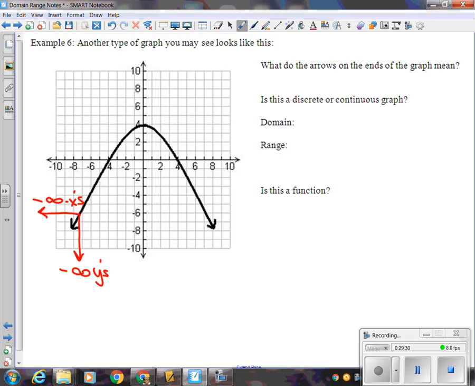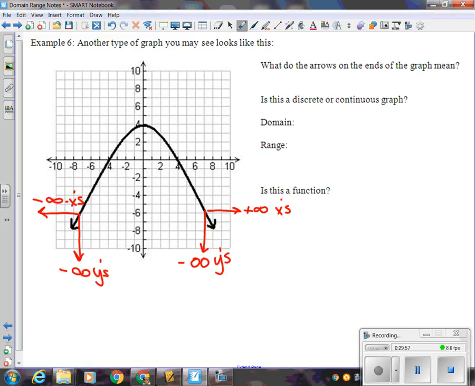Where's this arrow taking this function to? So if I break it down, this side's going to positive infinity in the X's. And it's also doing what? Still going negative. It's going down. Negative infinity on the Y's. Everybody good with that? This is going to be tricky.